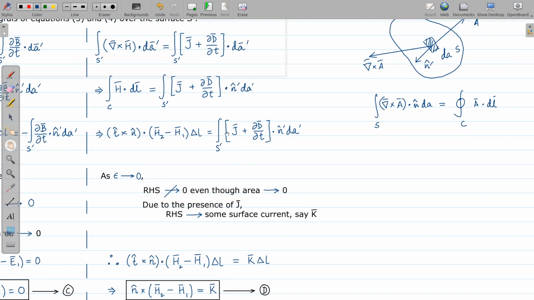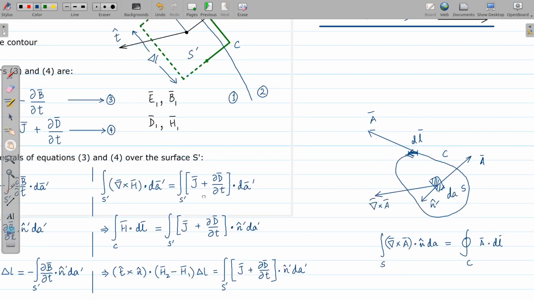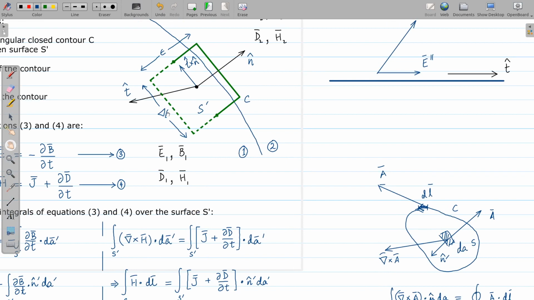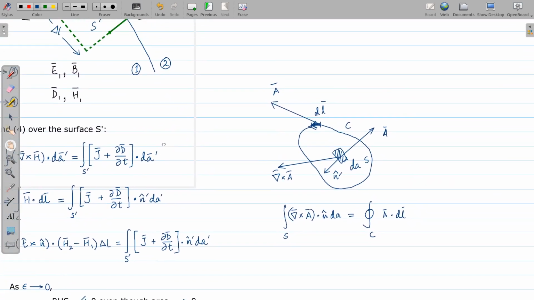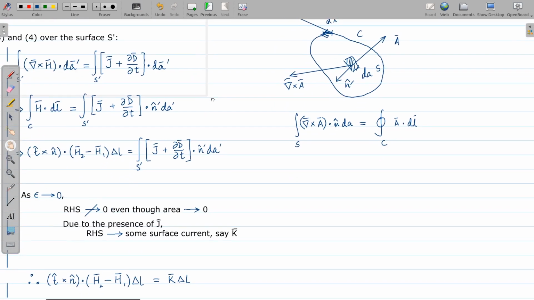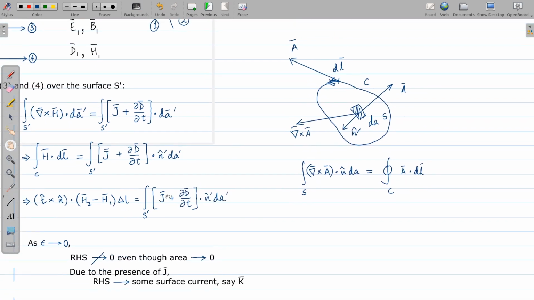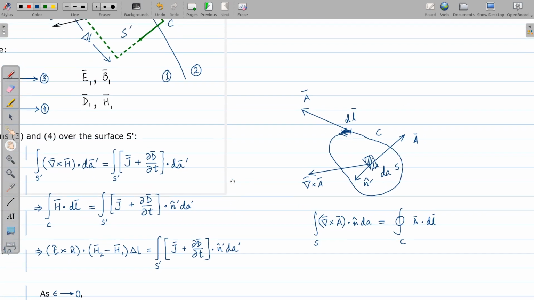The reason for that is there is a current density, and current can flow over a surface also. In your Griffiths, you would probably have come across this surface current density, which is K. So what is this J dot n cap into dA? You are taking current density into area, and current density into area is going to give us electric current.